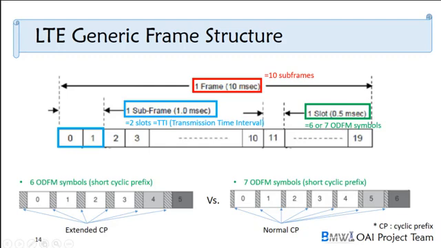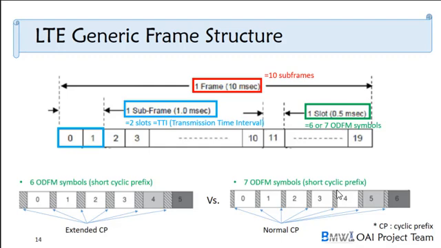And why do we need the cyclic prefix? I think the advantage is to reduce the ISI.